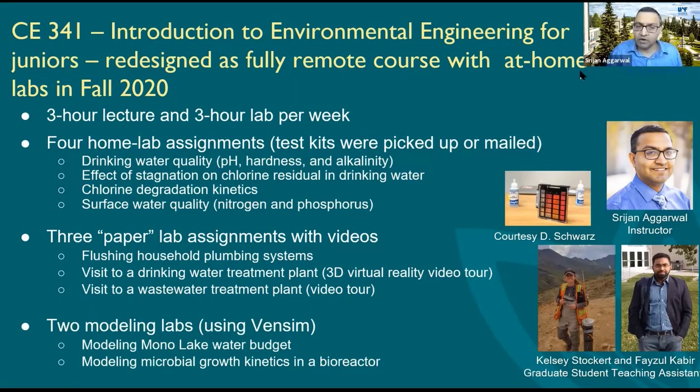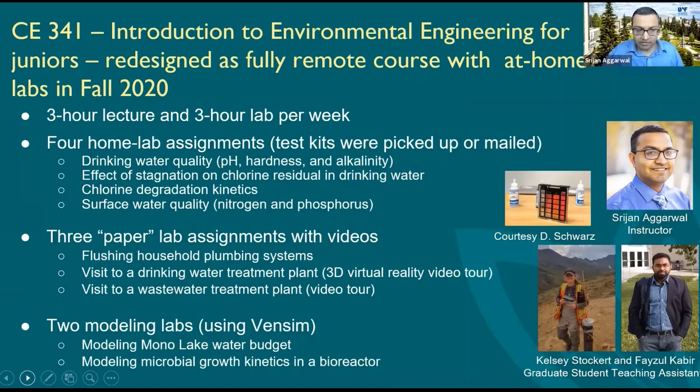And then finally, we also had two modeling labs, where we're using a tool called VenSim, a relatively simple systems modeling tool which can provide students familiarity with some of these equations, like the microbial growth kinetics, the Michaelis-Menten kinetics.